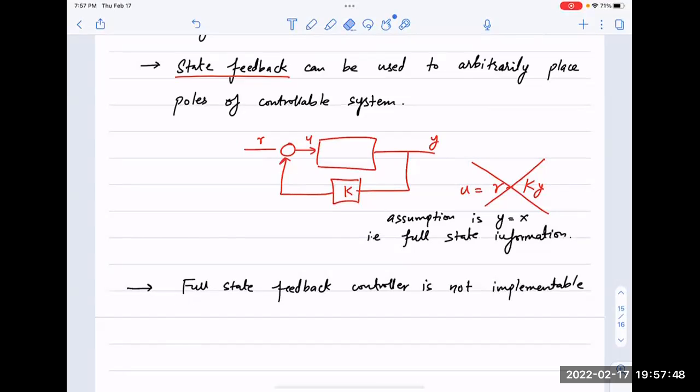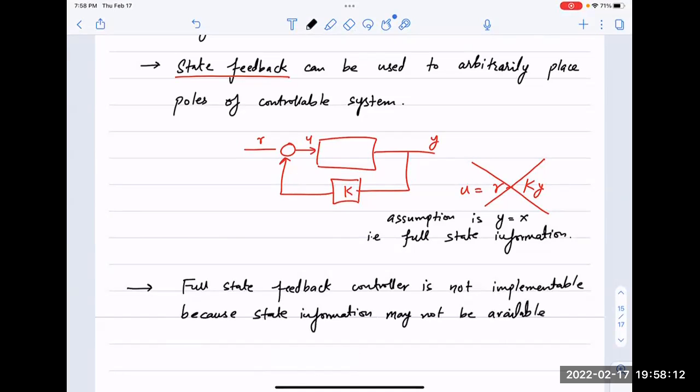is not implementable because state information may not be available at the output.